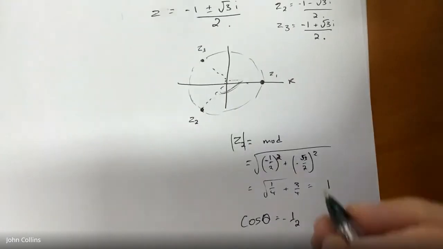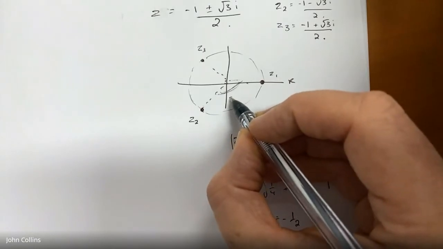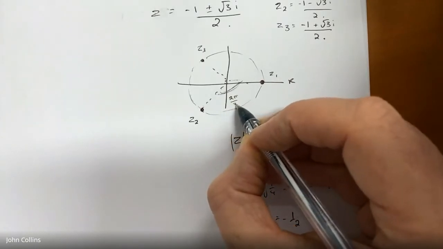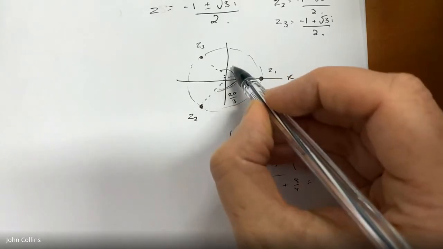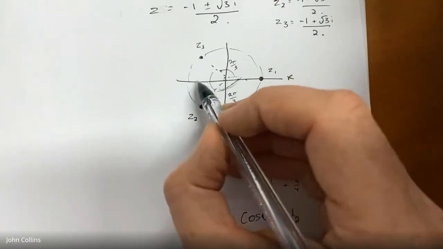Are we doing it between negative pi and pi? Yeah, this one here. So this angle is going to be 2 pi over 3, because it's in that quadrant. And this angle then would be the opposite of that. And the remainder part of the circle is 2 pi.